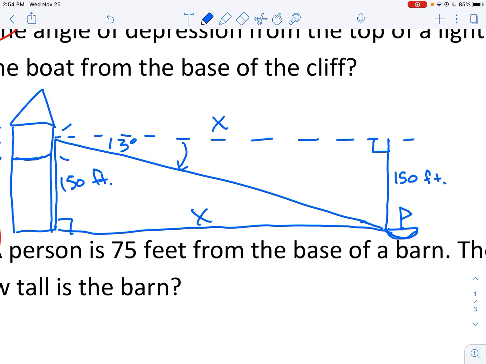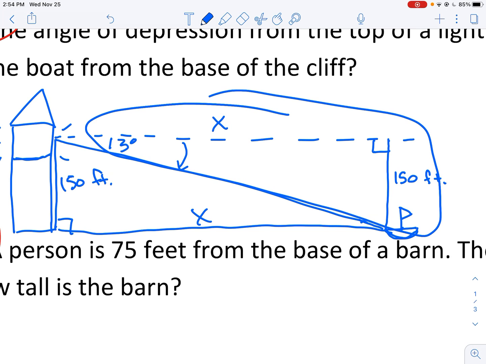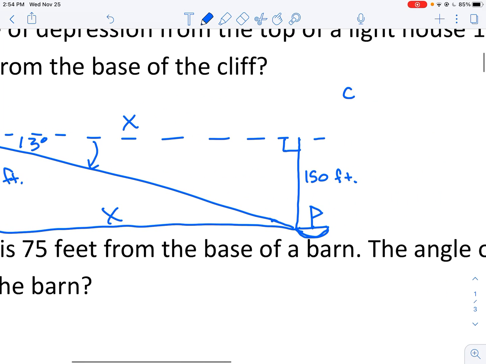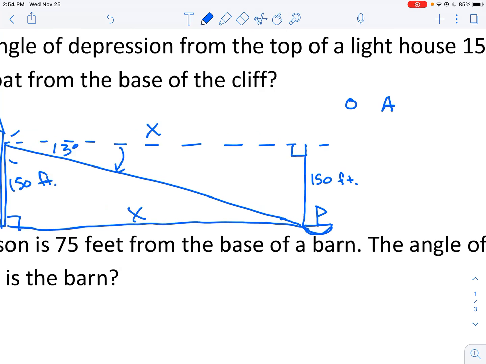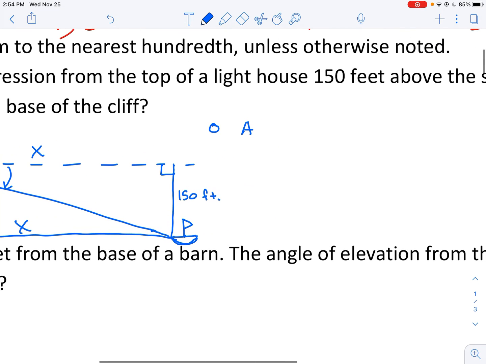And so if I look at my triangle here, I've got an angle I know, an opposite length from that angle, and then this side here, which is adjacent to the angle that I know. And so I have opposite, I have adjacent, and the trig function that uses those is either tangent or cotangent.